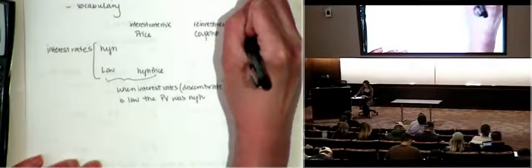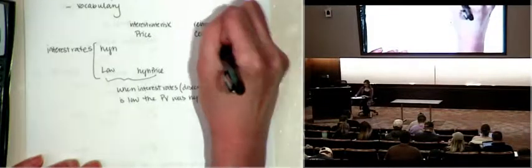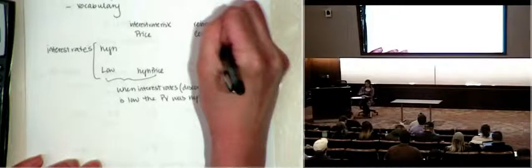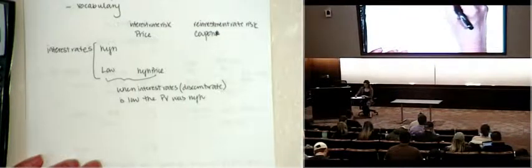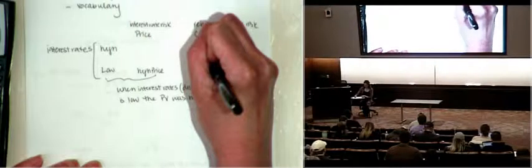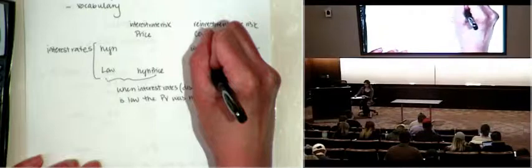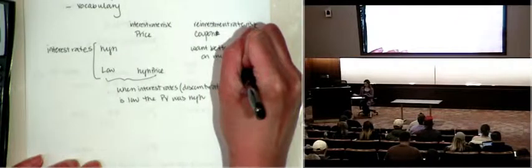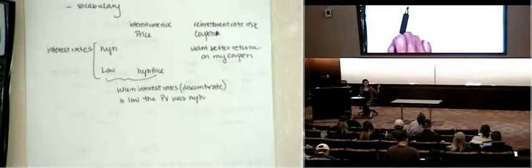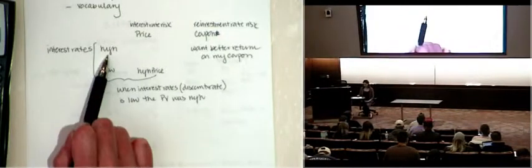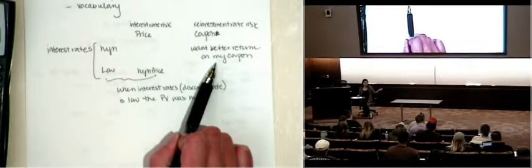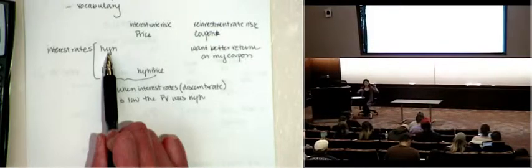When I'm putting my coupons back in, I want something that gives me something better. So if I'm wanting to sell my bond, I want low interest rates. When I'm reinvesting my coupons, I want high interest rates. That's this tension that comes in the bond world.